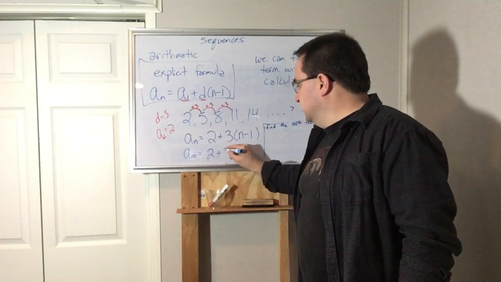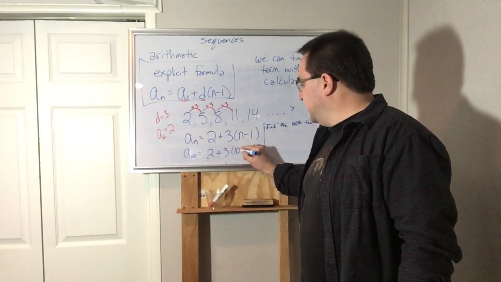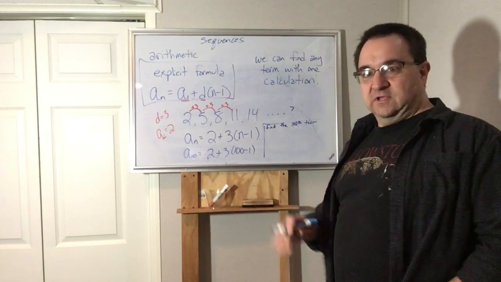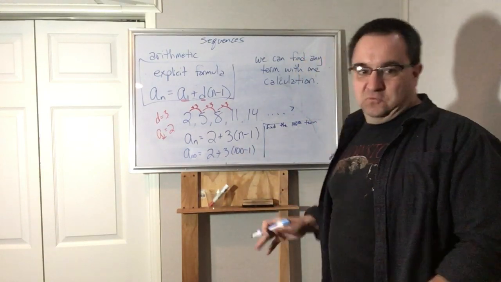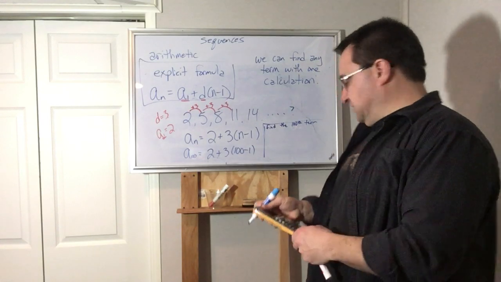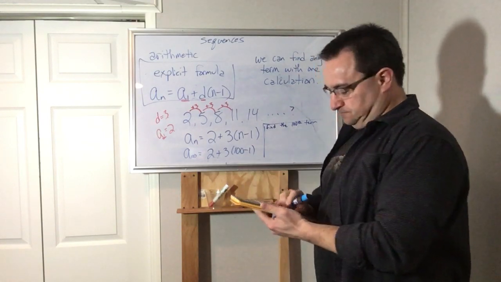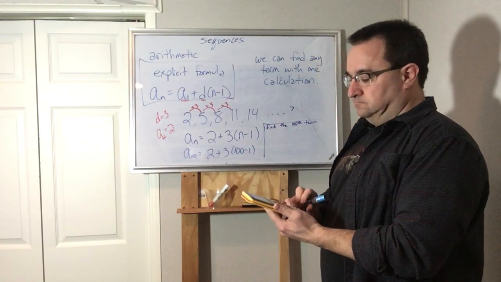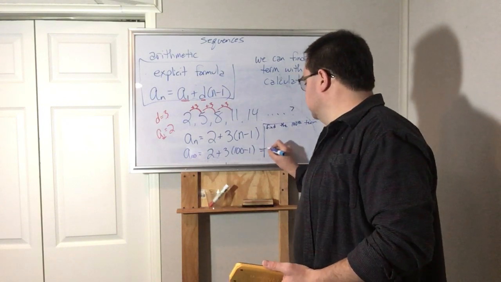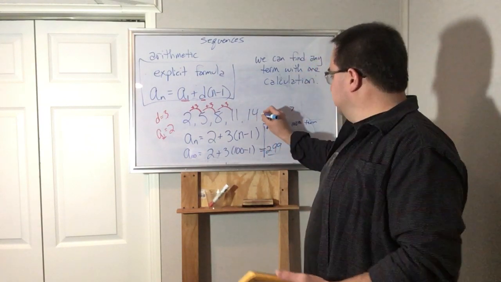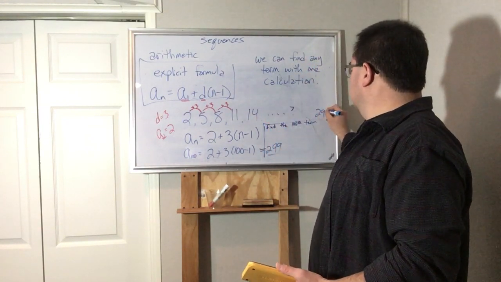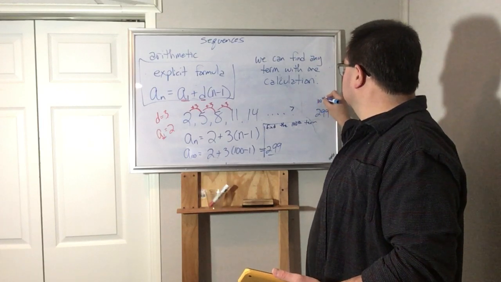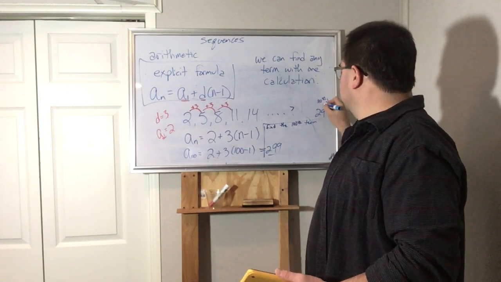All I've got to do is plug a 100 in for that n and crank that out, and that will be the 100th term. So let's see, that would be 299. If I kept going out, 299 would be the 100th term, otherwise known as a sub 100.